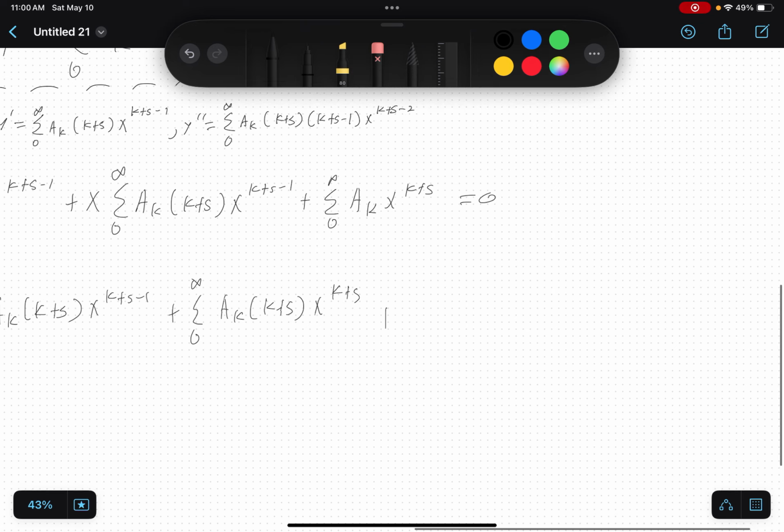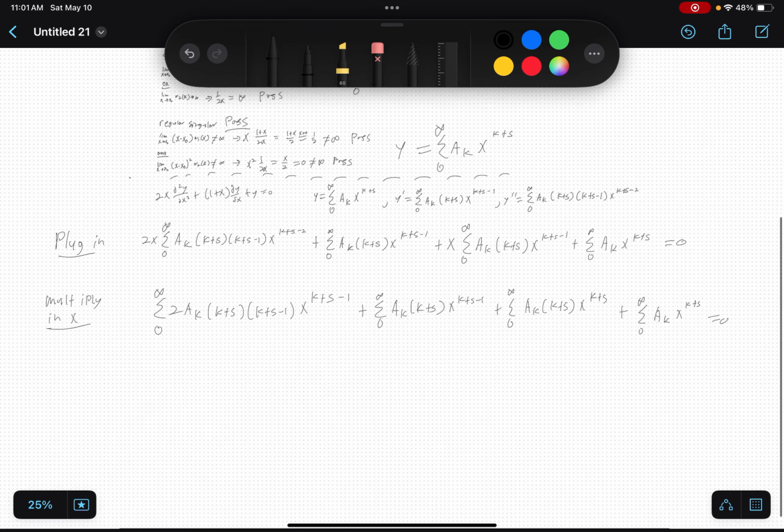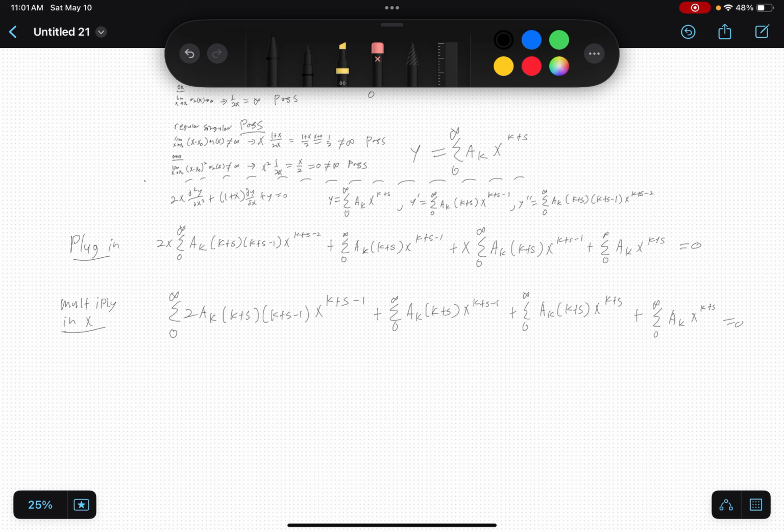And then this last term, cool. I think that's right. Yeah, it seems right. Multiply in the x.